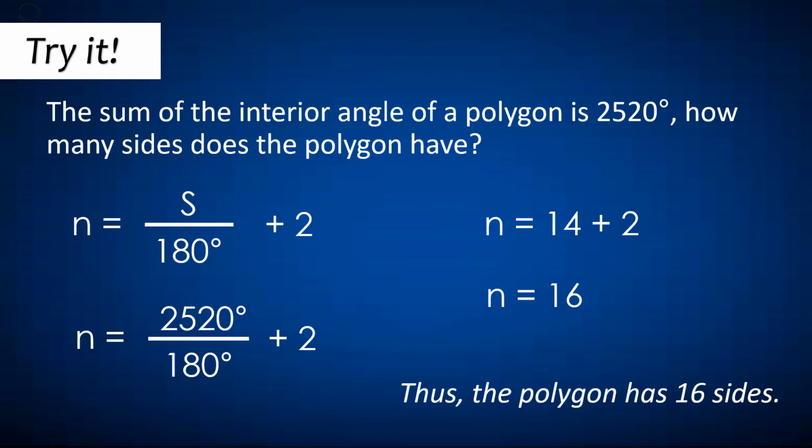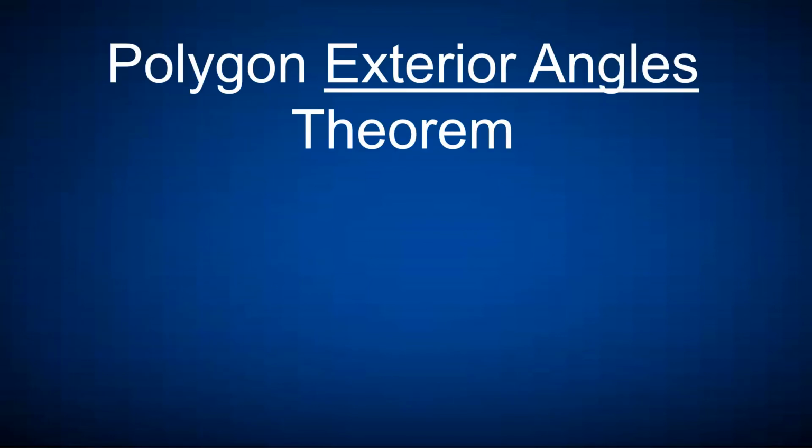So, dahil alam na natin yung pagkuha ng interior angles, sum ng interior angles, paano natin kukunin ang isa sa mga interior angles kung alam natin yung sum, or paano natin kukunin kung gaano kadaming sides kung alam din natin yung sum ng interior, punta naman tayo sa exterior angle. So, polygon exterior angles theorem.